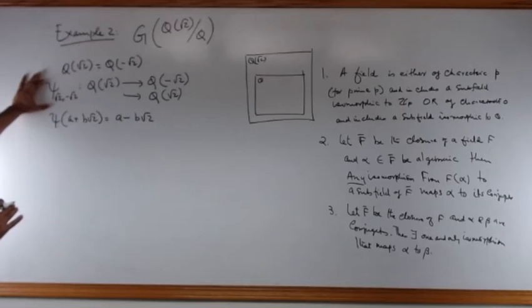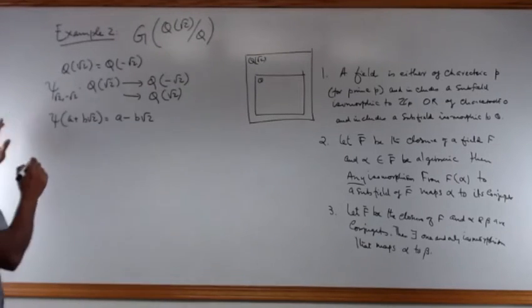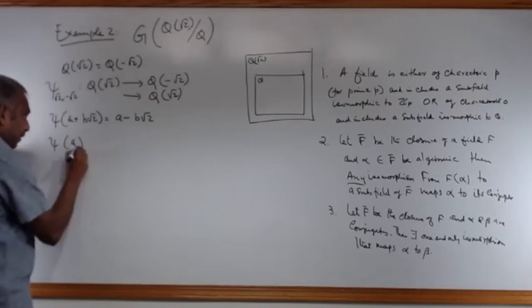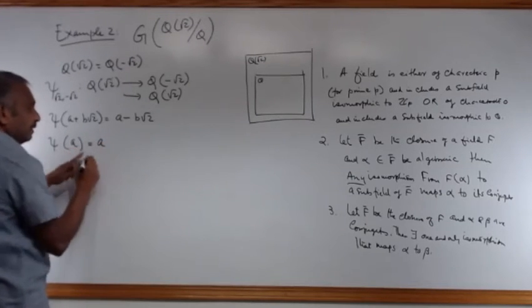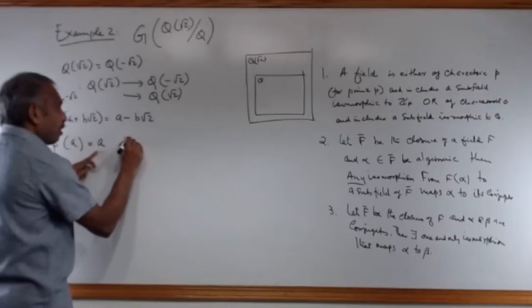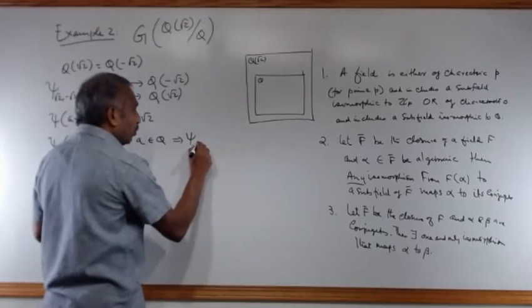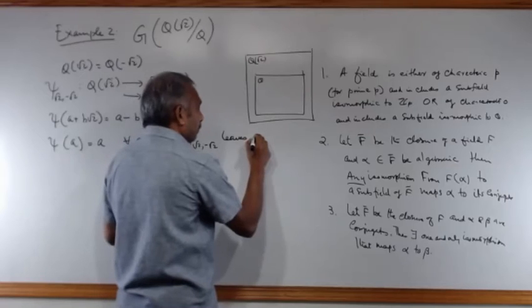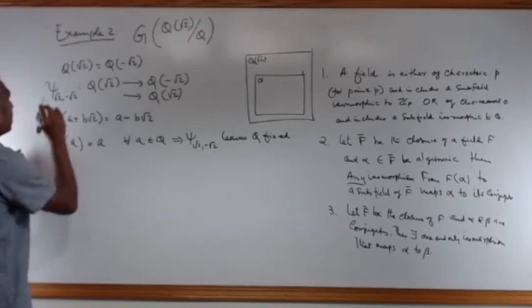And let us see what is this mapping of elements of Q. So psi of just a, this is from Q, is equal to a. With this definition, for all a belongs to Q, psi of root 2 comma minus root 2 leaves Q fixed.